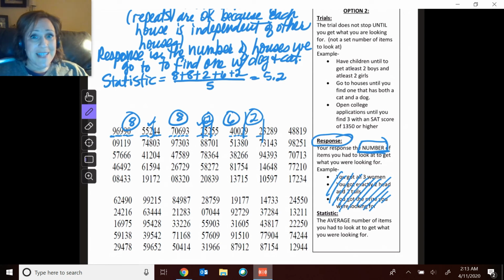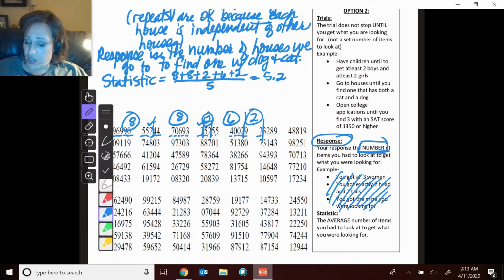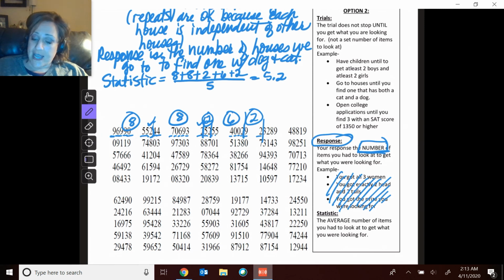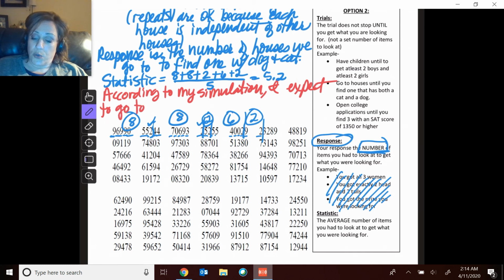But we accept that number because what we're saying is that according to my simulation, I expect to go to about 5.2 houses on average.